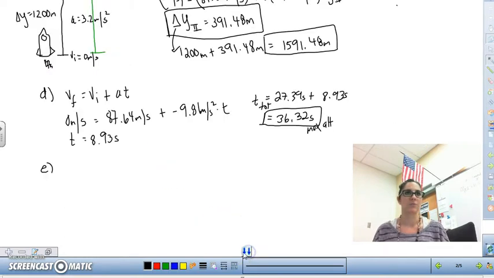So I'm going to redraw this. Here's our rocket again. And this is the maximum, which we said 1591.48, right? So let's start here as our initial, because that gives us a 0 value right there.